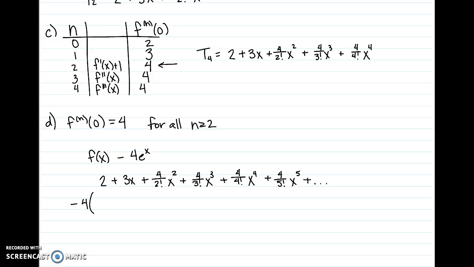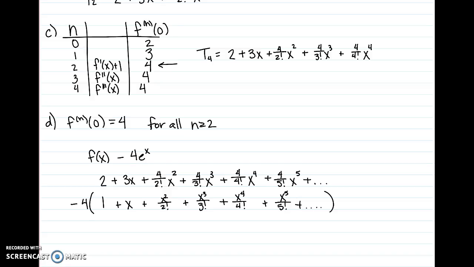And our series for e to the x is 1 plus x plus x squared over 2 factorial plus x cubed over 3 factorial plus x to the 4th over 4 factorial plus x to the 5th over 5 factorial, forever and ever.